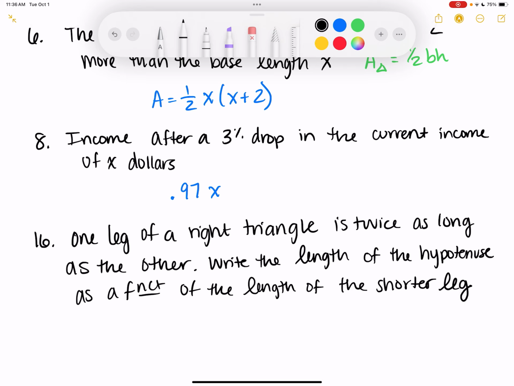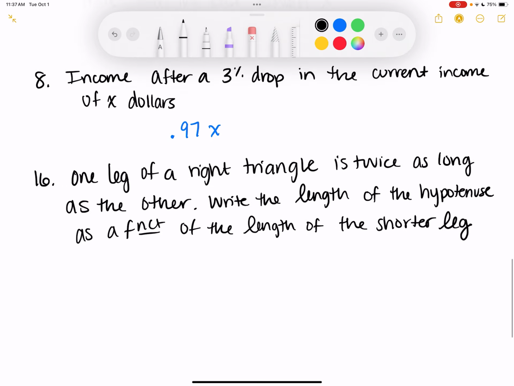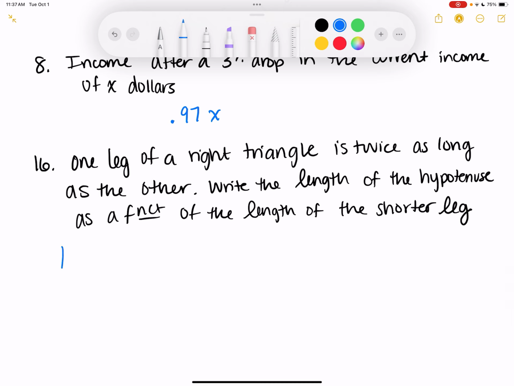So the legs are the other 2 side lengths, not the hypotenuse. We want to write the length of the hypotenuse as a function of the length of the shorter leg. So I'm dealing with a right triangle. They just meant as a function of x, no? Because the shorter leg is x.